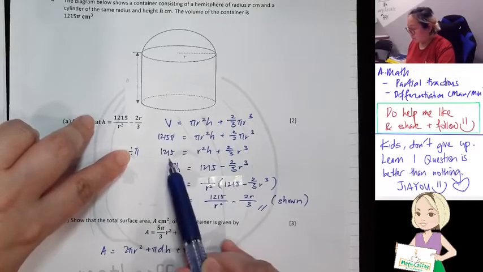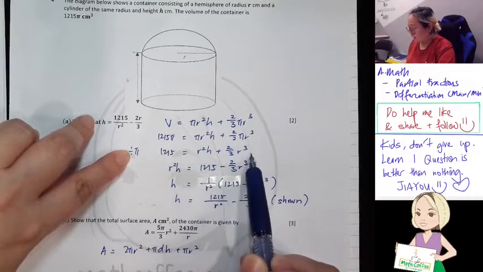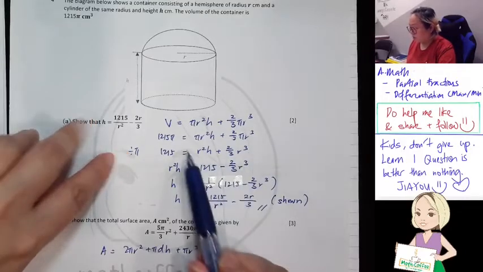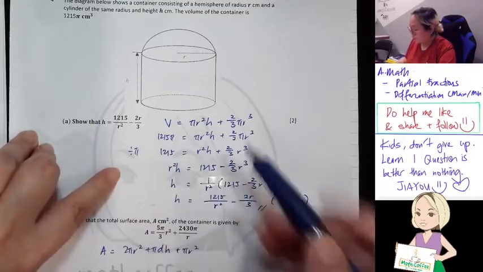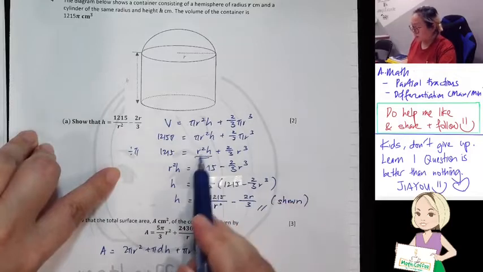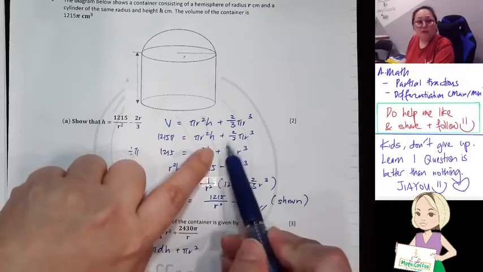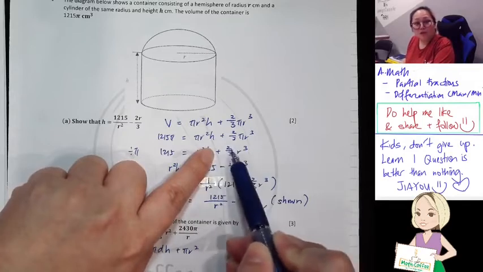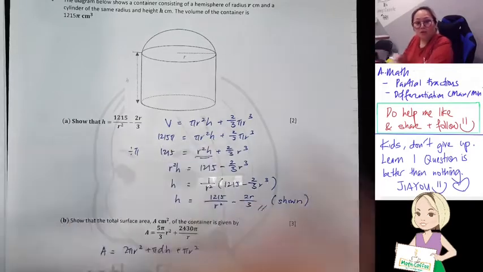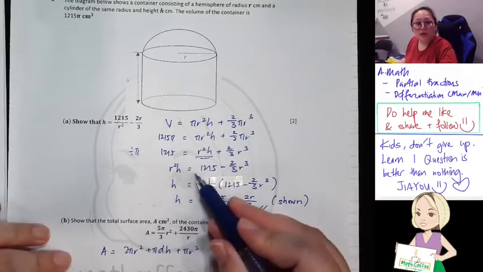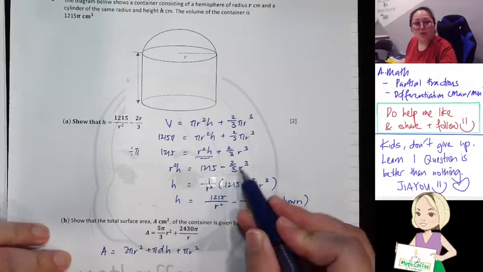So I have 1215 equals r squared h plus 2/3 r squared. Then, because my task is to make h the subject, I keep this term positive and bring the other to the left hand side, but of course I switch the sign. So it becomes r squared h equals 1215 minus 2/3 r cubed.